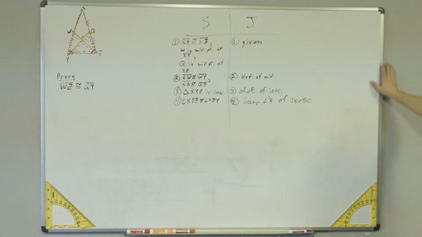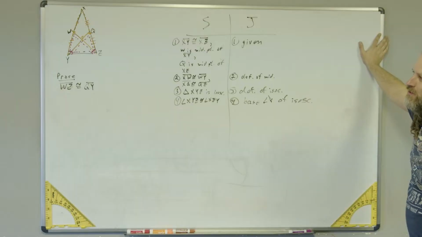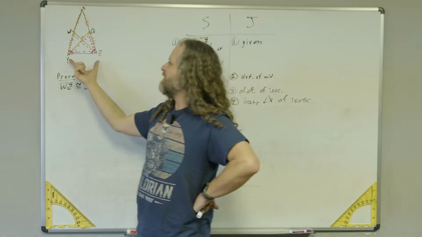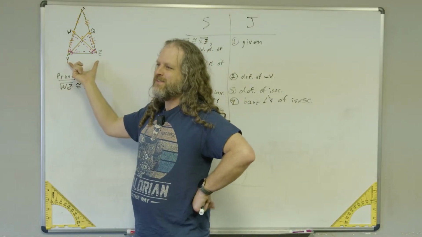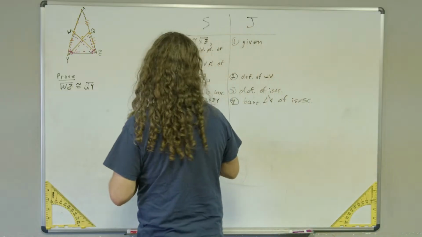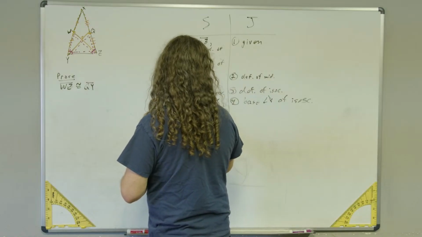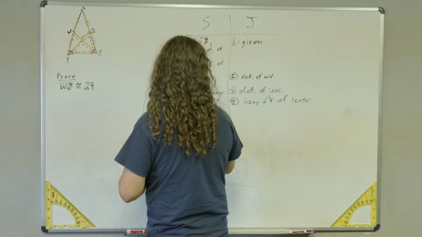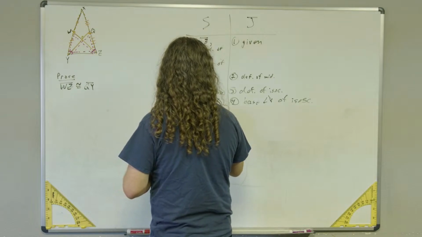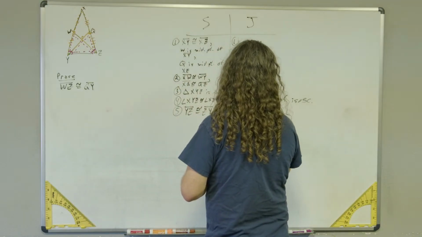So we don't yet have that WY is congruent to QZ, right? We need that. We can go ahead and say that this bottom one is congruent to itself, right? What's a property that says something is congruent to itself? Reflexive, yeah. So segment YZ is congruent to segment ZY because of reflexive.